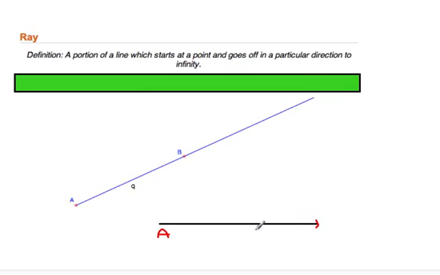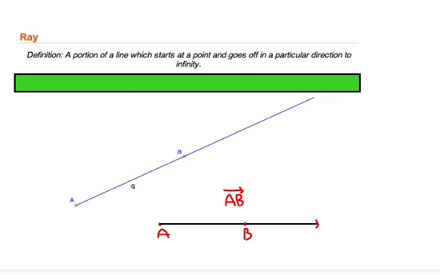I could also put another starting point on my line segment right here, and if I want to put the dots there. Here I have a ray A, B, which would be written like this to indicate that it goes on and on.